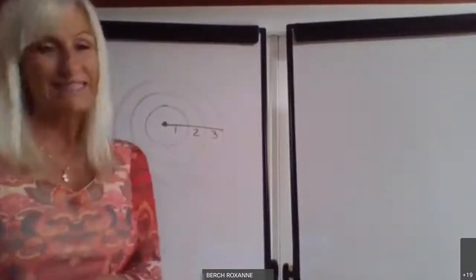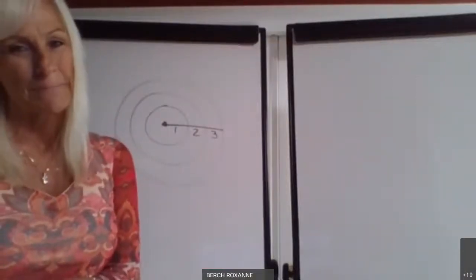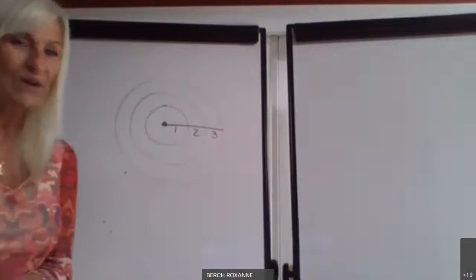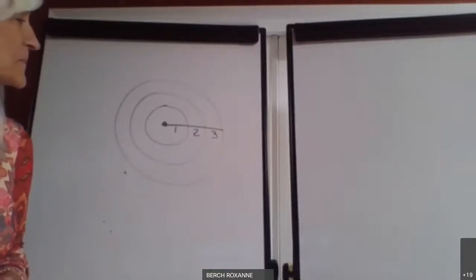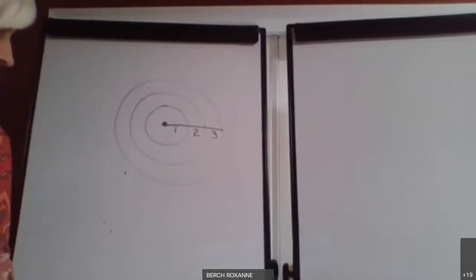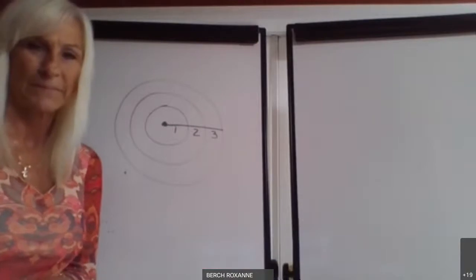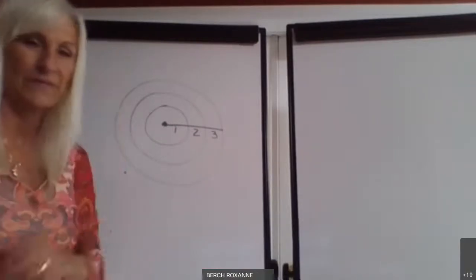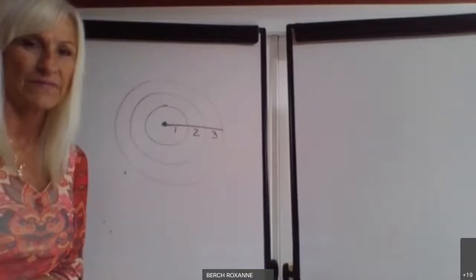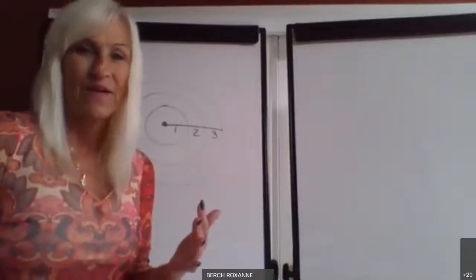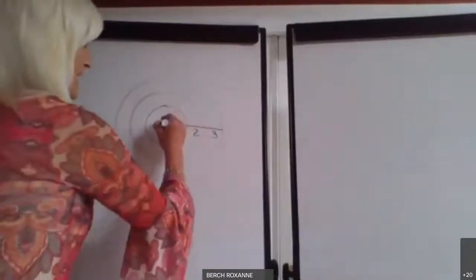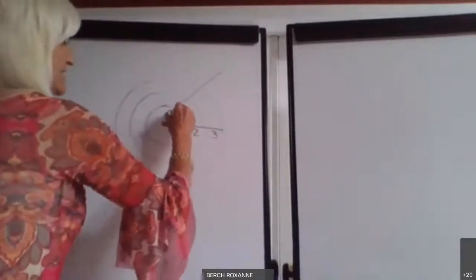Did you mean the radius? Yes. Can you say it again, or can someone else say it? No matter the radius, the angle measurement for the radian always stayed the same. Yes. So no matter the length of the radius, the measure of the radian always stays the same.